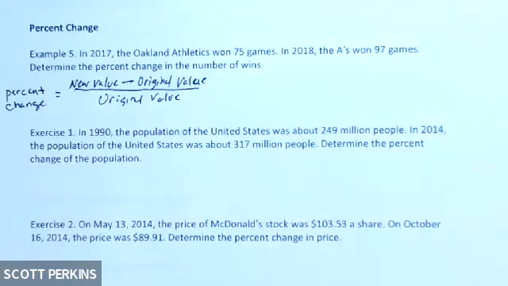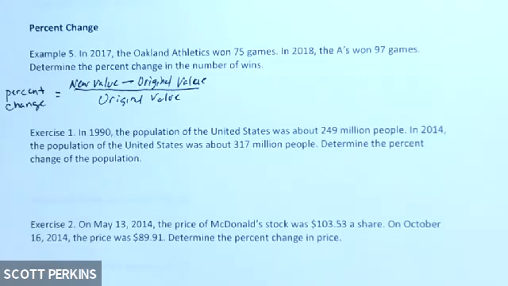So it's the new minus the original divided by the original. That gives you a decimal. And then if you want the percent, then you convert that into a percent like we just did.